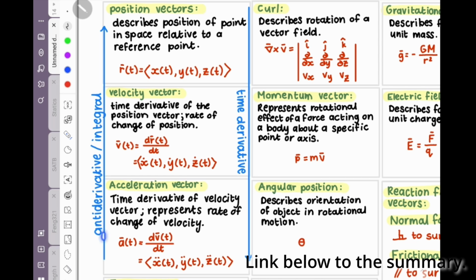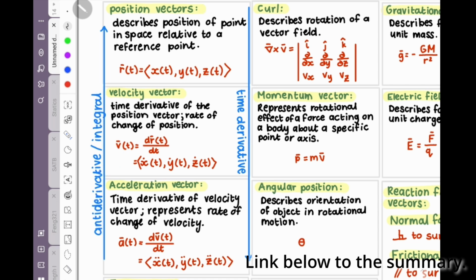This time we just need to find the antiderivative, or the integral. So if we have acceleration vectors, we want to make it a velocity vector, we take the antiderivative, or the integral. And if we have a velocity vector, we can take the antiderivative or integral to get the position vector.